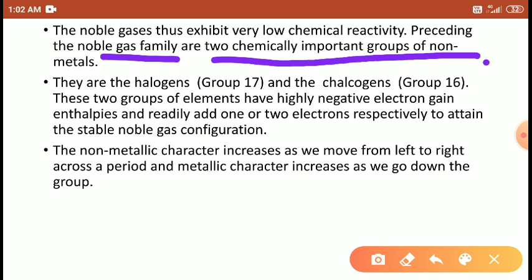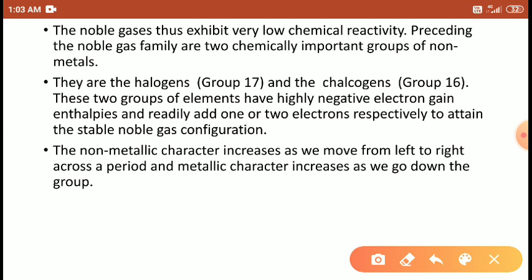The noble gas family and the chemically important groups are nonmetals; the noble gases are less reactive and are considered nonmetals. Group 17 is called the halogens and group 16 the chalcogens, which are highly reactive with high negative electron gain enthalpy. They accept electrons more easily, one or two electrons respectively, to attain the noble gas configuration.